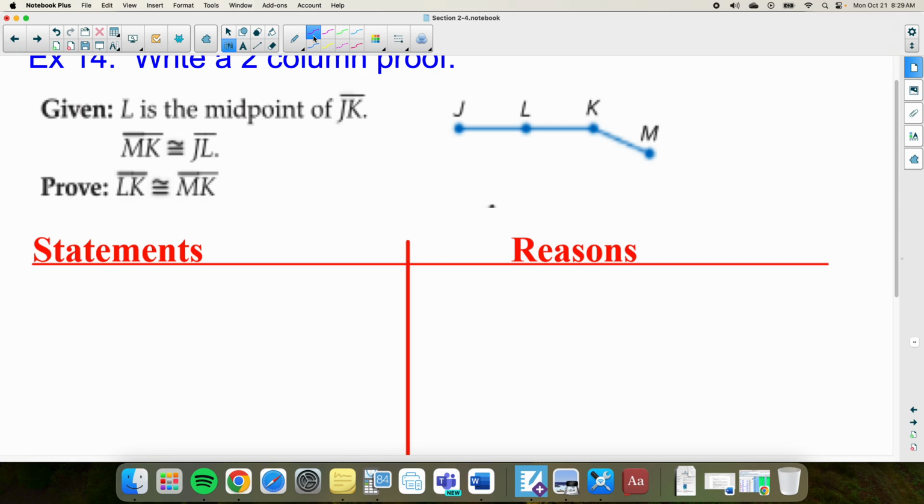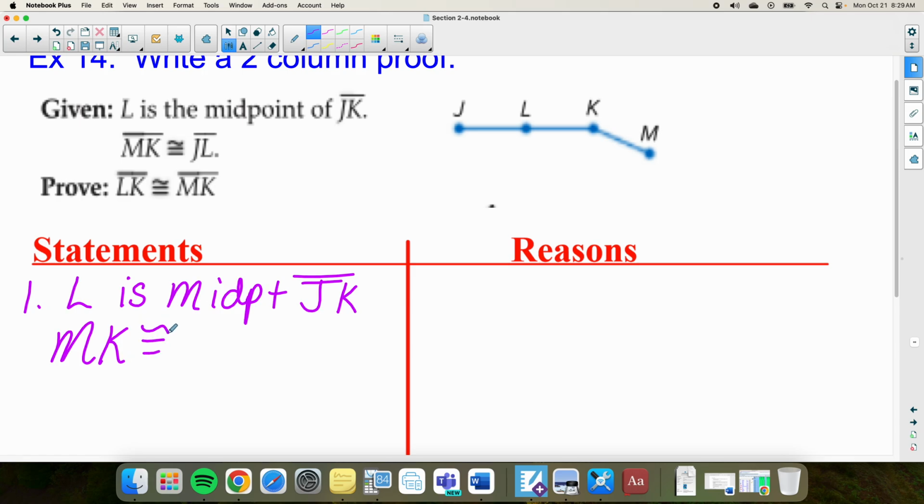Either way works fine. So if I was doing this, I would write both of them under step 1, and then I would write that that is given.